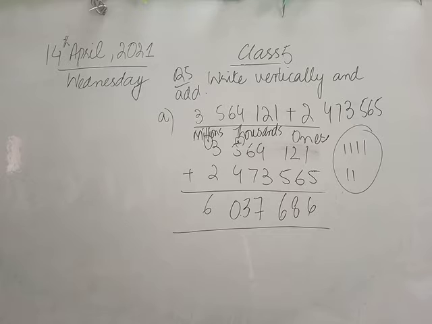So I will read as 6 million 37,000 and 37,686. So this is how we can read addition of numbers.